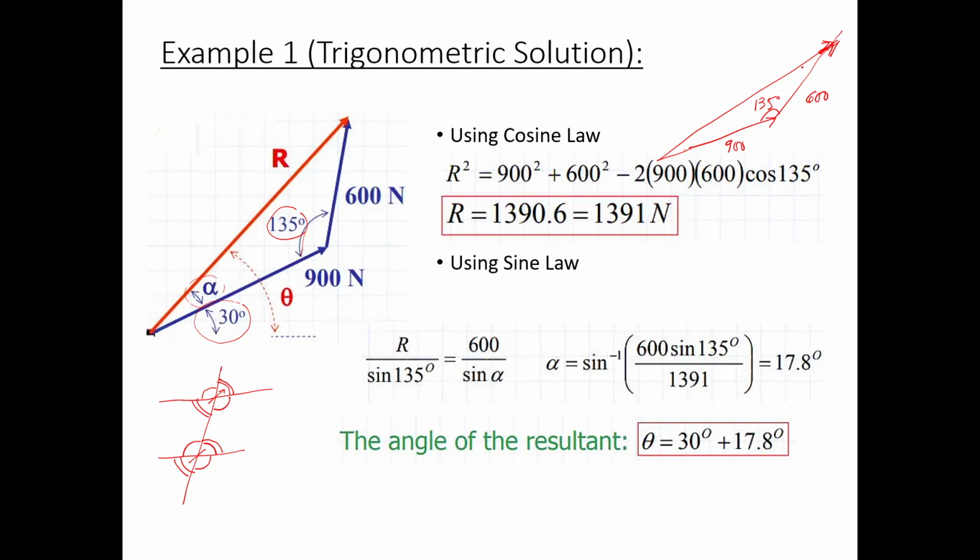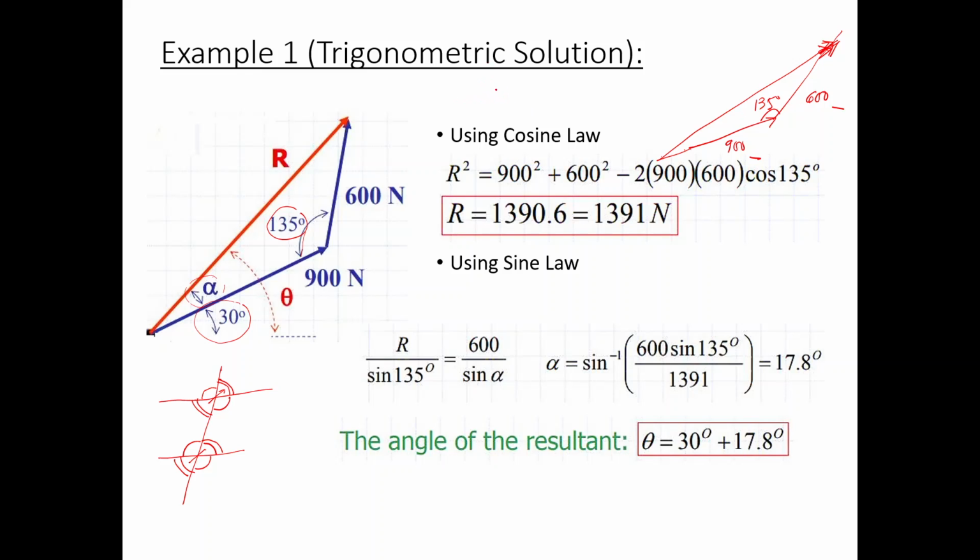Since our force diagram is not a right triangle, we need to utilize sine law or cosine law. Sine law is ASA. Here in our diagram, we have two sides, 900 newtons and 600 newtons, so we cannot use the sine law, but we can use the cosine law.